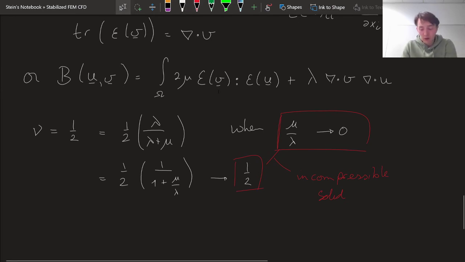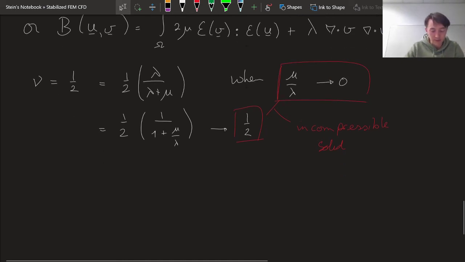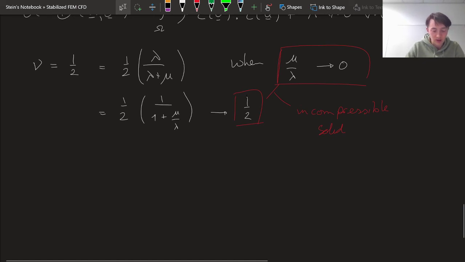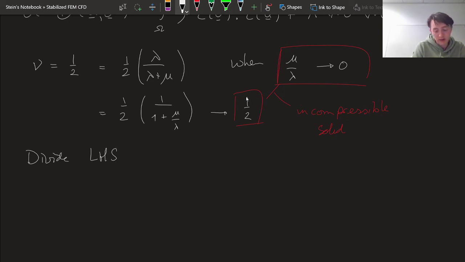So what happens to our bilinear form if we have an incompressible solid? Let me divide the entire weak statement by lambda. So I'm going to divide both sides of the equation by lambda.